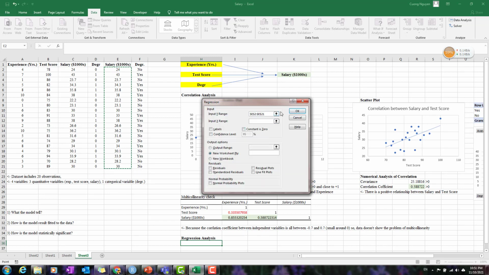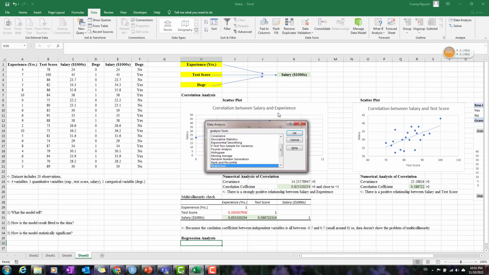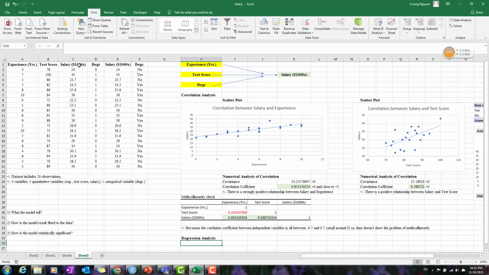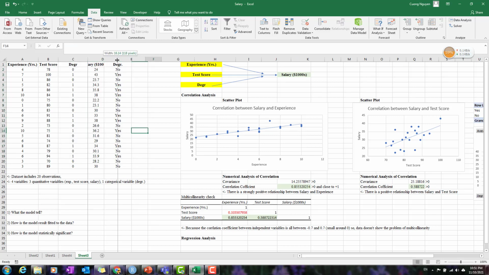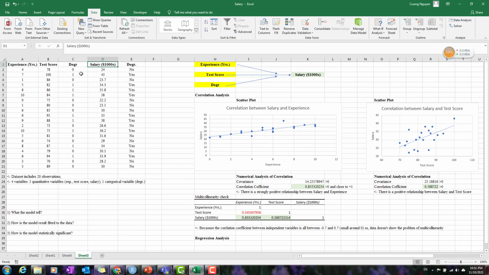Okay. Oh, one more thing. I already told you, you have to make sure that all the data is saved properly, and all the independent variables must be close to each other, while the Y, the dependent variable, is separated.